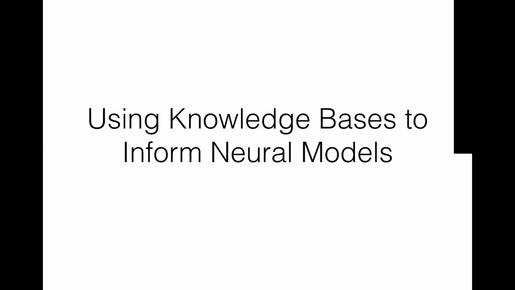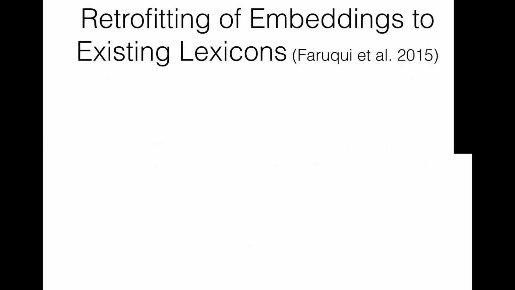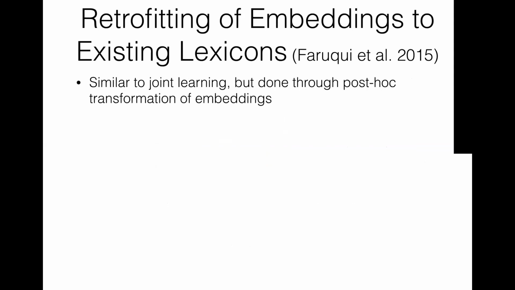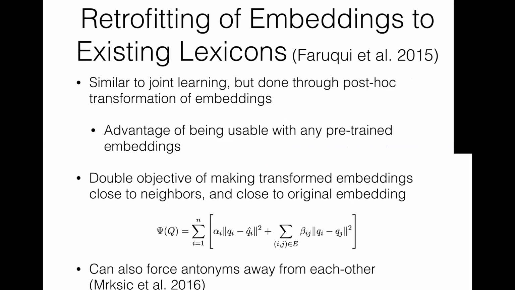And finally, I'd like to go over a little bit of how we can use knowledge bases in downstream tasks for neural models. This is rather representation learning than a downstream task, but I think it was an outstanding paper award winner from 2015.